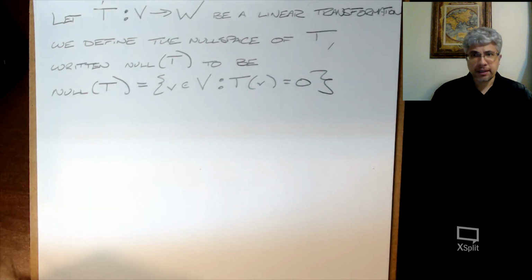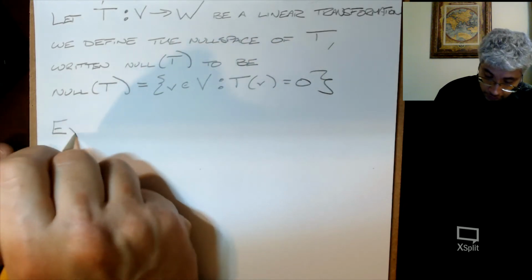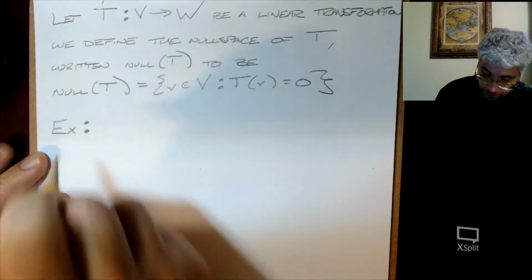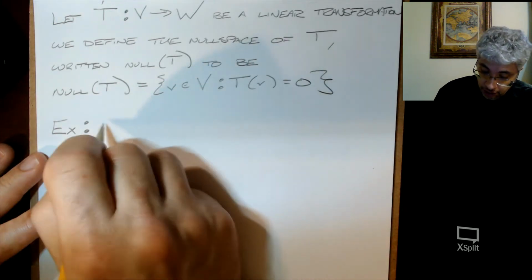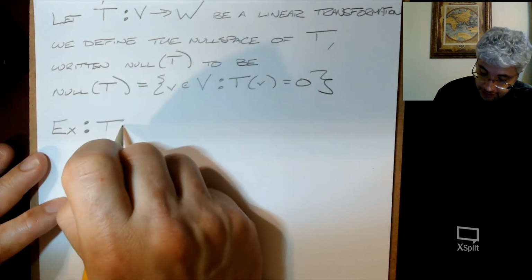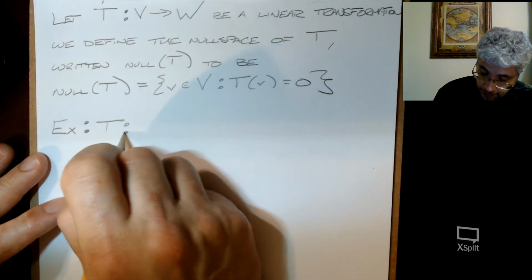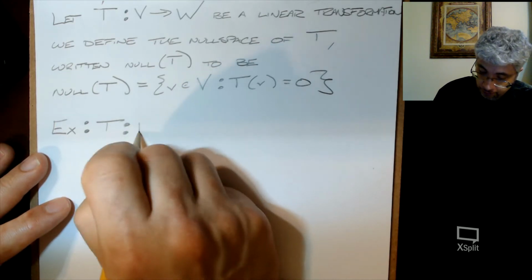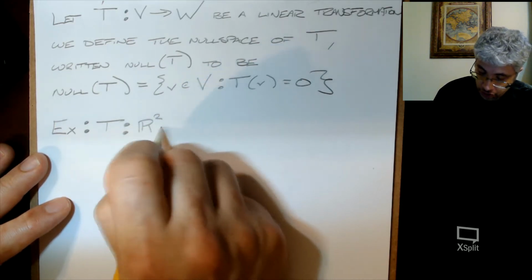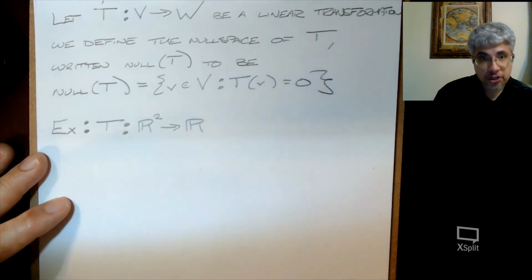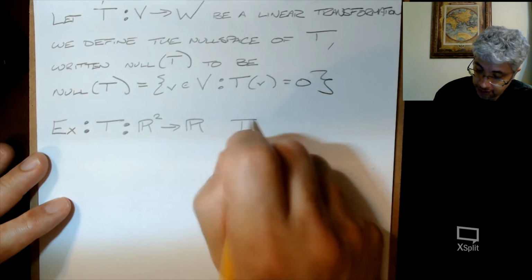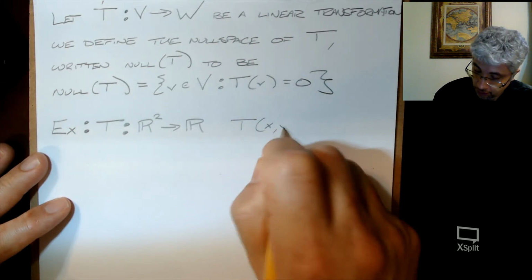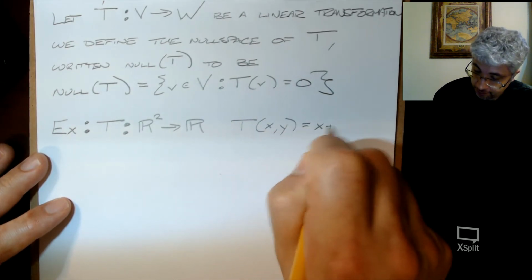So, maybe let's look at a few examples just to start off. Let's make a few up. So let's pick a linear transformation. I'm going to say T is going to be a map from R2 to R. Nice little map. What's T going to do? T of (x, y) is going to add them.